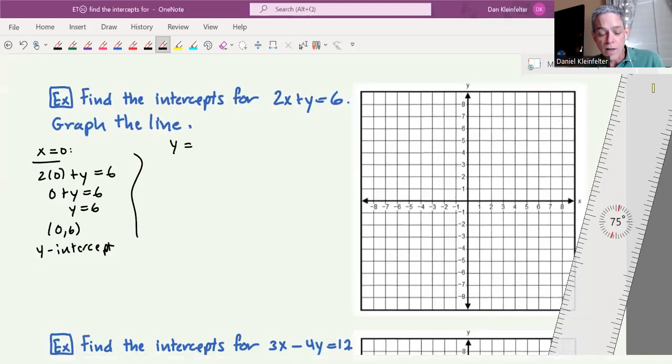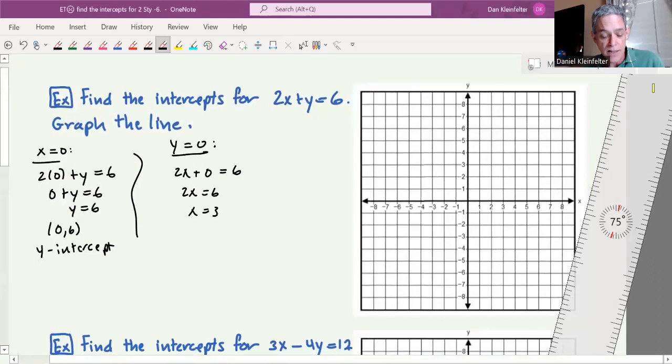Then we'll have y equaling 0. 2x plus 0 equals 6. 2x equals 6, so that x is 3. This gives us the point 3, 0, which is an x-intercept.